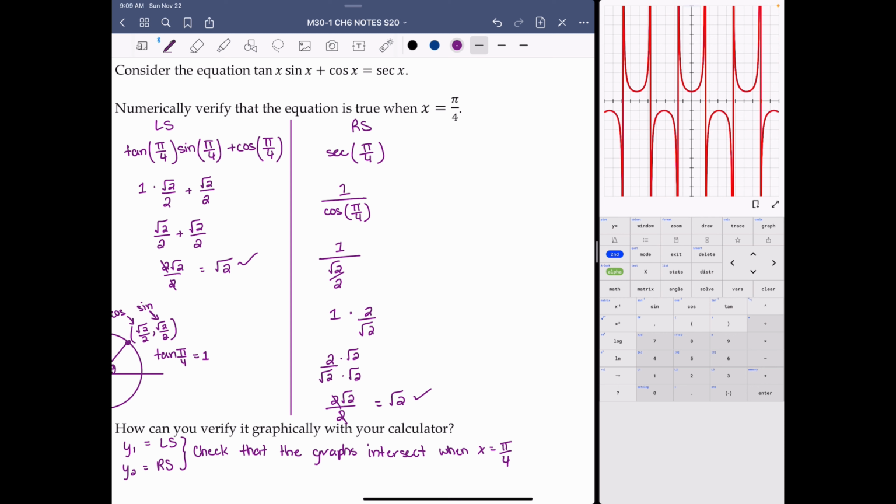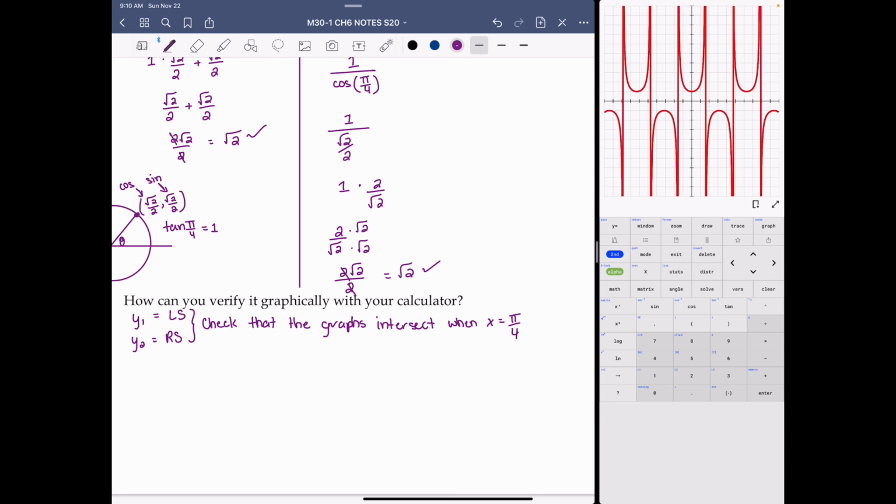So why would it be that when I graph both of them, I only see the red one, but if I just graph the blue one, then I see the blue one? Well, that would be because the two graphs are laying on top of each other, so they're identical and intersecting at all points. Therefore, they would have to intersect at pi over 4 as well.